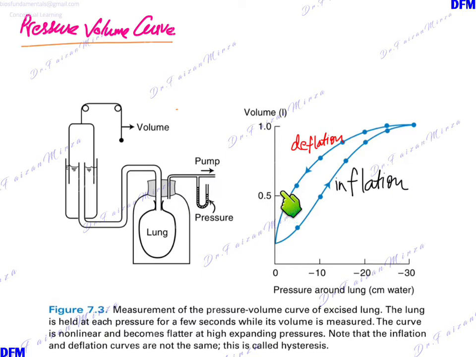The graph which is plotted for inflation and deflation is plotted using this apparatus, in which the pump is used to provide pressure around the lungs and then allowing the pump to retract all the air that was sent in this bag. So here we see that when air is pumped into this tube, the air will go inside, and as the air fills up this jar, it will start to push on this lung tissue and it will start to contract.